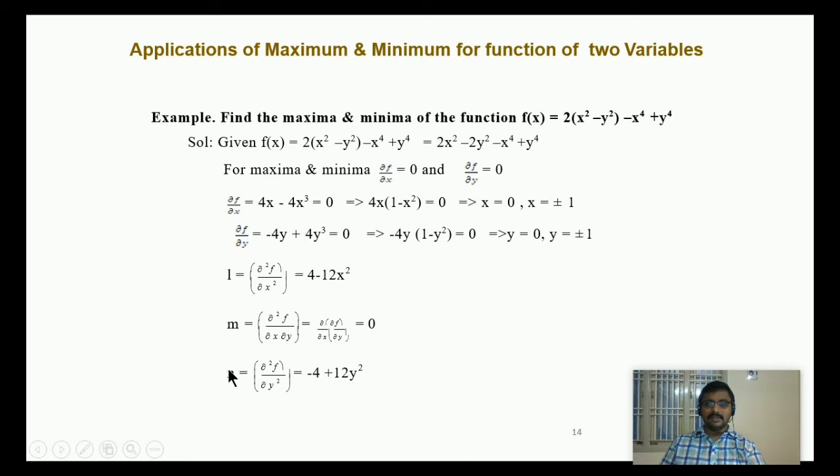And N, which is obtained by differentiating ∂f/∂y again with respect to y: negative 4y derivative negative 4, plus 4y cube derivative 12y square. These are the values of L, M, N.